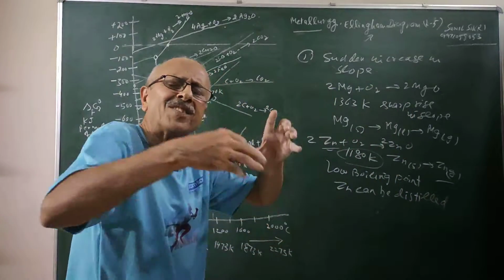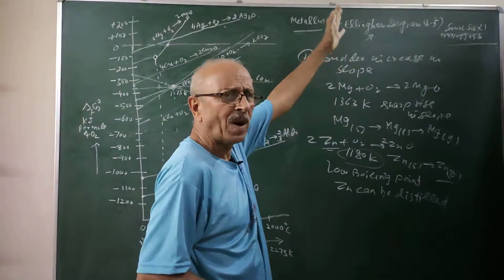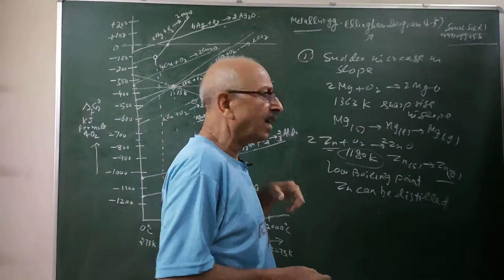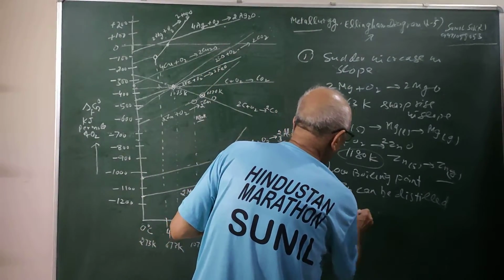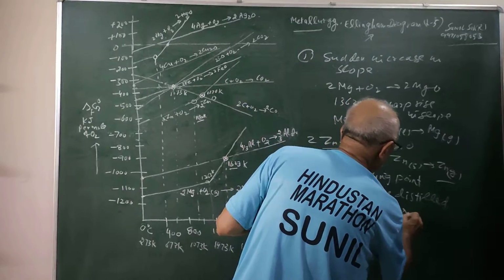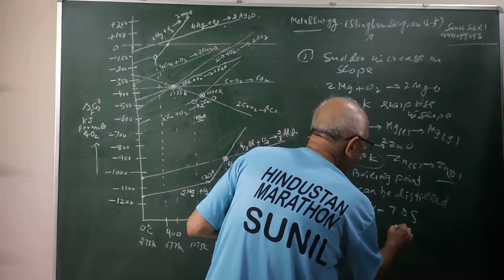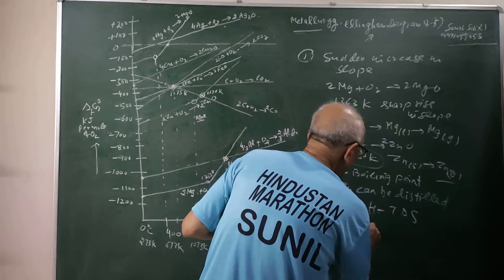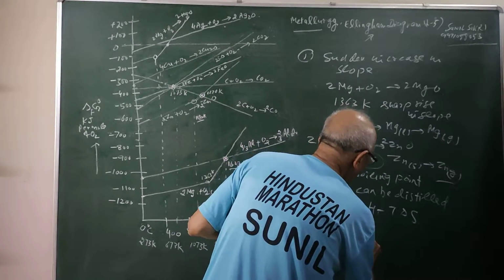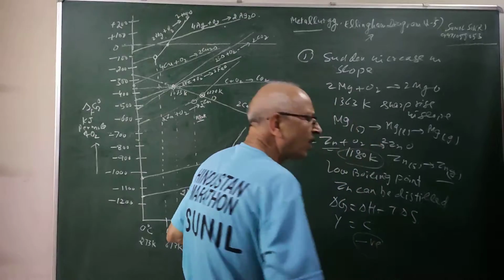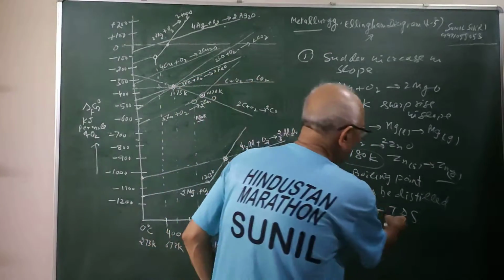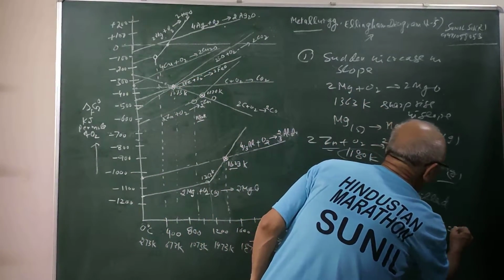So when the change in state takes place, there is a sharp rise in the slope also, because we have told you that the formula which we use is delta G equals delta H minus T delta S. And this is the equation of a straight line. We said, students, that this is our y equals mx plus c, and this is our intercept C. Delta H is always negative because these are combustion reactions, and delta S is negative.